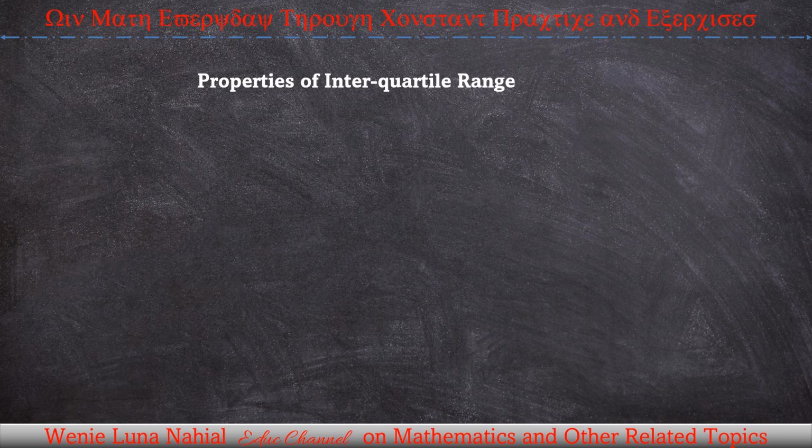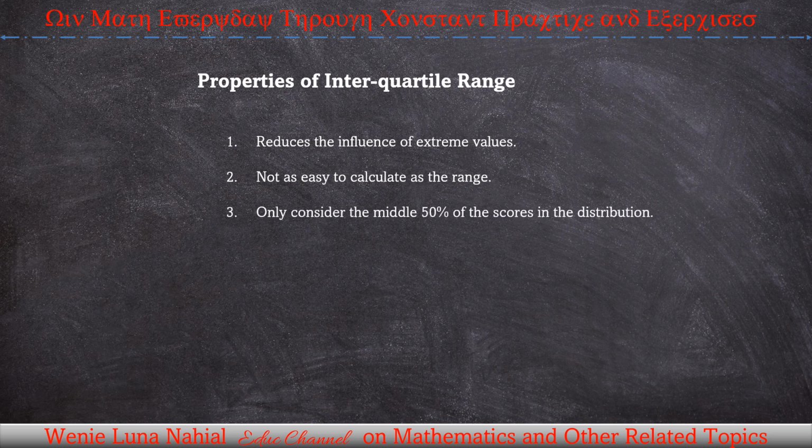Now, properties of the interquartile range: it reduces the influence of extreme values. That is true because we are only after getting some information about the middle 50% of the observations. It is not as easy to calculate as the range. Well, there are some calculations that you will do to be able to get the interquartile range.